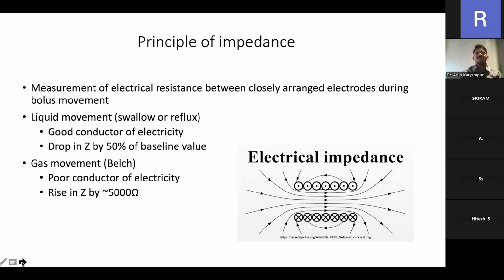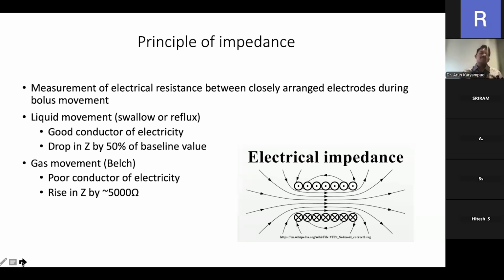It is the measurement of the electrical resistance between two closely placed electrodes. There can be two kinds of bolus refluxes happening. It can be either a liquid bolus movement or it can be a gas reflux.